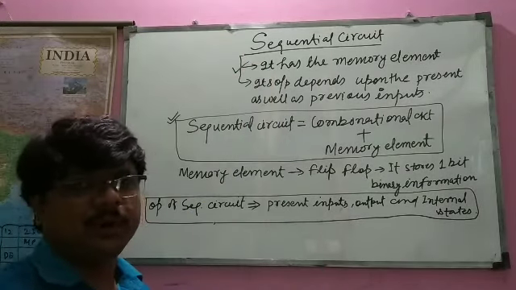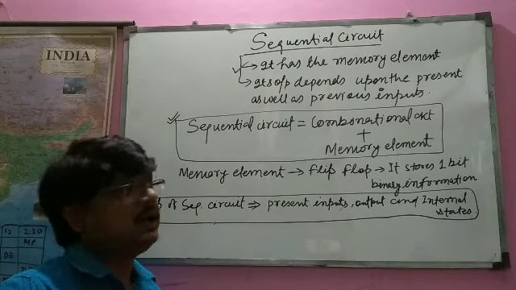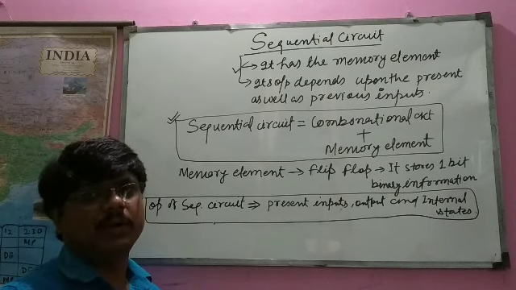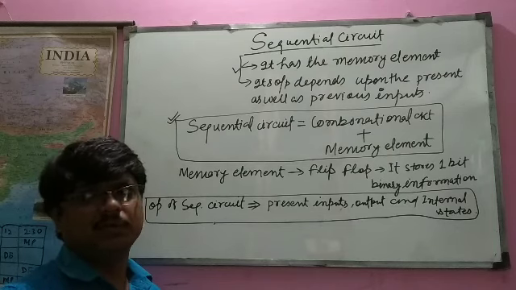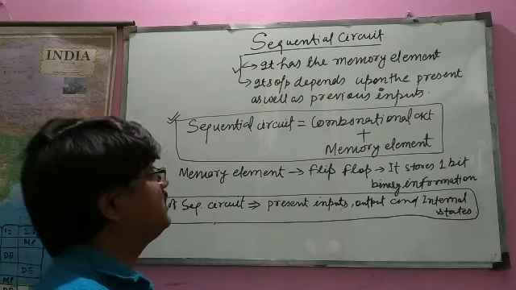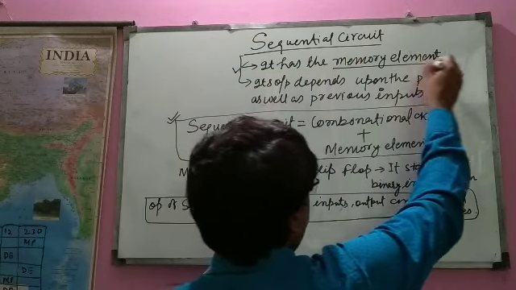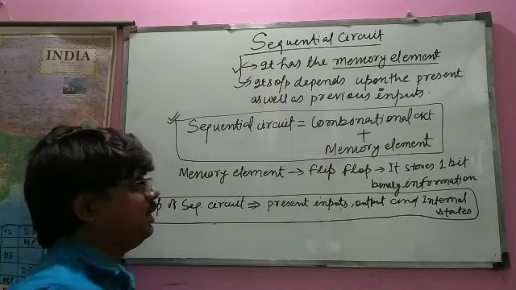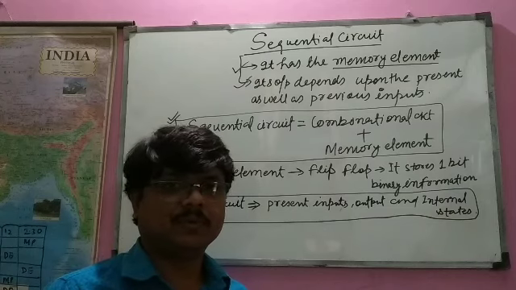As I told you when we were talking about the combinational circuit, a combinational circuit does not contain any memory element. This is the reason the combinational circuit depends only upon the present input. But since the sequential circuit has memory, its output depends upon the present input as well as the previous inputs.